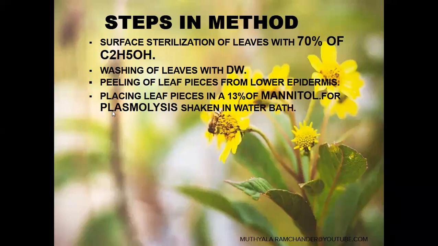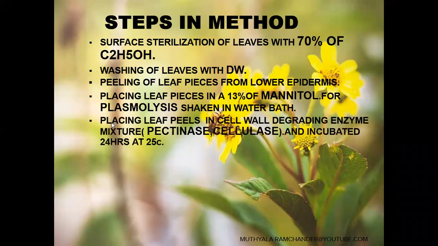It helps the plasmolysis of the selected pieces from the plants. Then the leaf pieces or leaf peels are placed in a cell wall degrading enzyme mixture. The cell wall degrading enzyme mixtures are also called macerozymes. Macerozymes mainly help in degrading the cell wall.